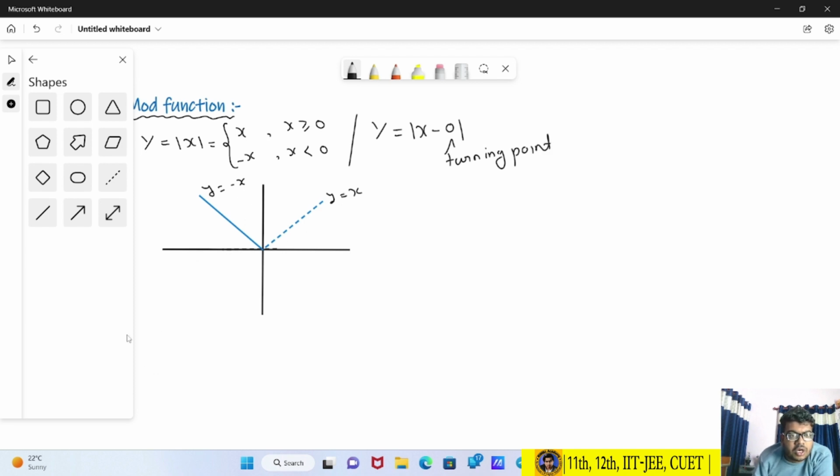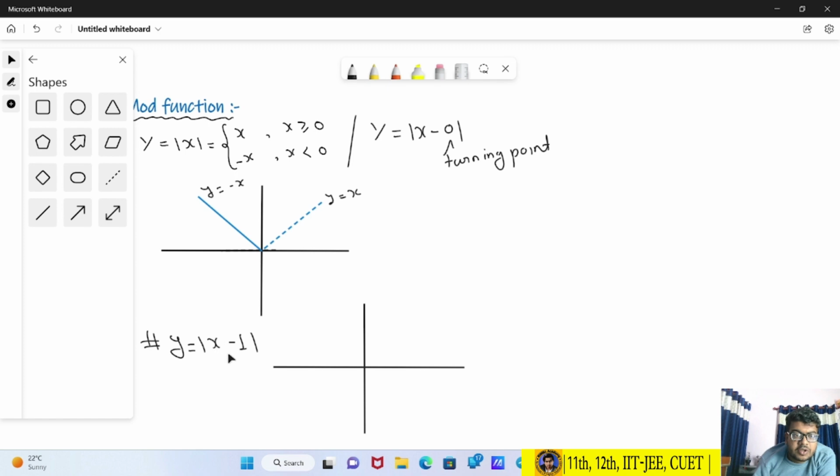Suppose we have a second function y is equal to mod of x minus 1. This is the coordinate axis, this is the x-axis, this is the y-axis. Here the turning point is x is equal to 1.